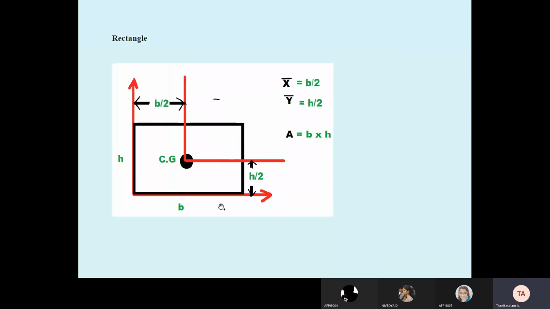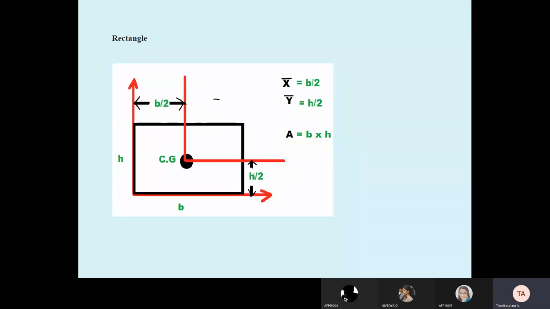So the x-axis is at the extreme bottom side, the y-axis at the extreme left side, the extreme left end of the section. So CG is at the center. What is x bar? See, x bar b by 2, y bar h by 2. Area equal to b into h.